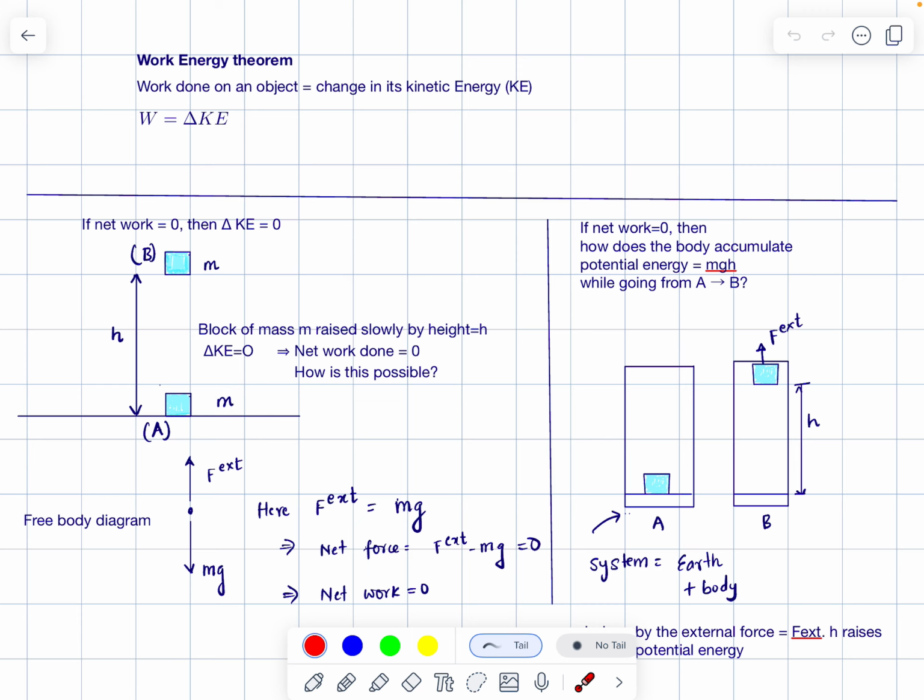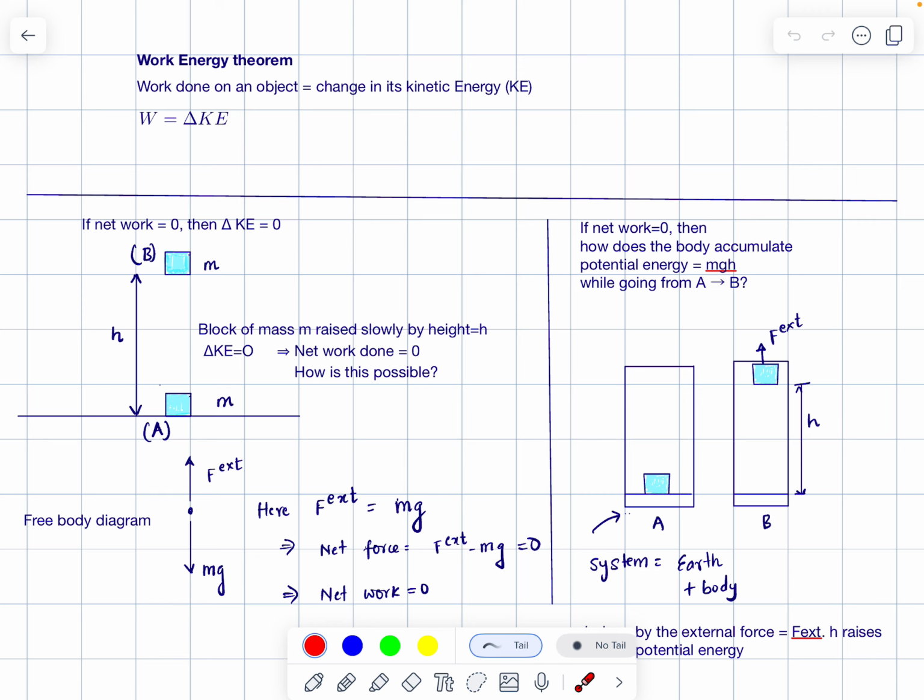So here the total change in kinetic energy is zero. Therefore, the net work done on the object is zero. So the question is, how is that possible? We know that there is an external force acting on this object and it raises the object by height equal to h.